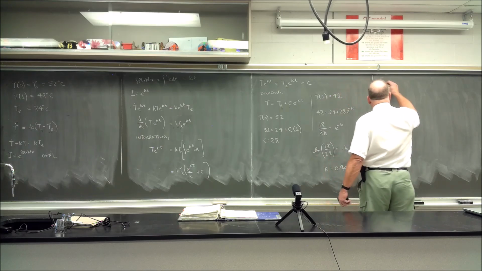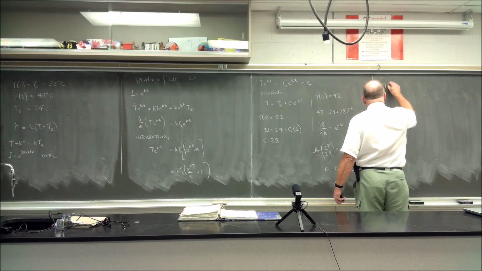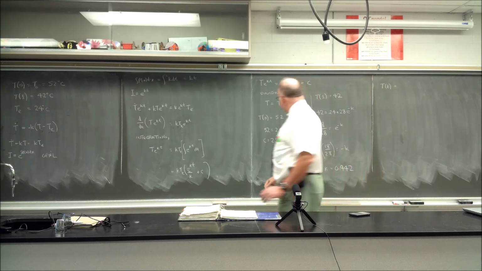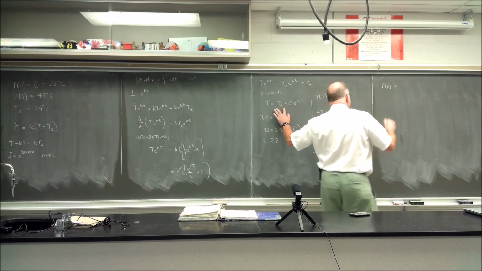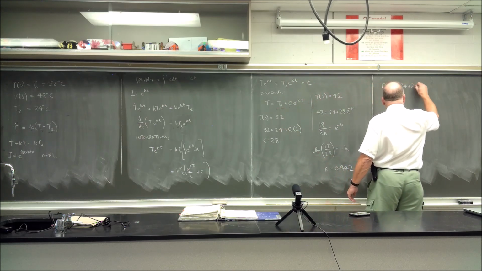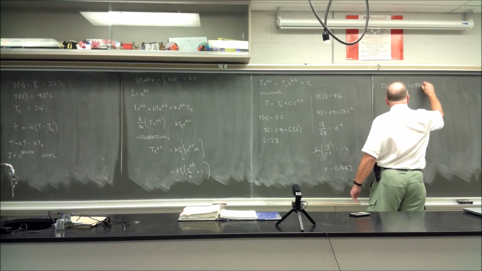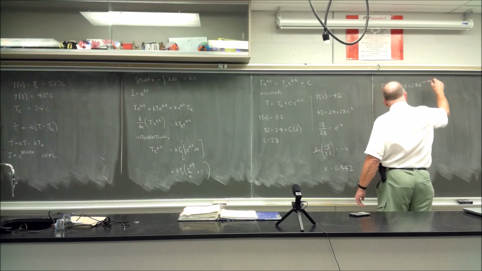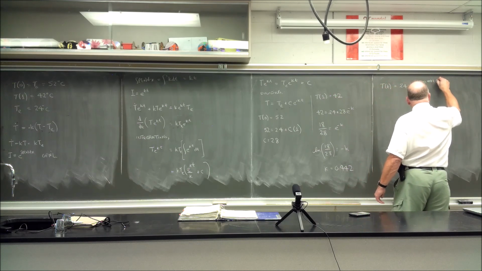So our differential equation now, in terms of time, T of t then, is going to equal, so we'll go back to our initial answer, which is this one, is 24 plus 28 e to the minus 0.442 times time.